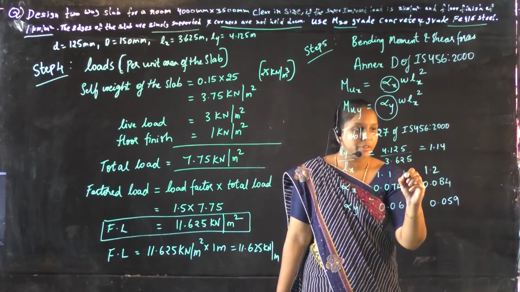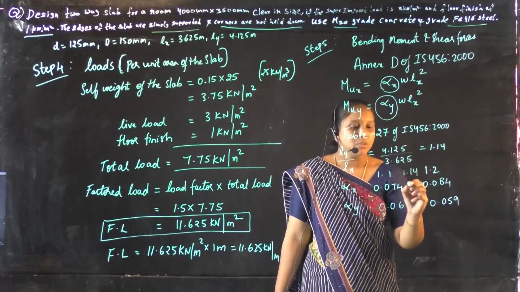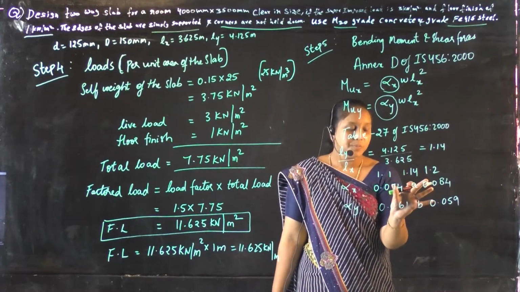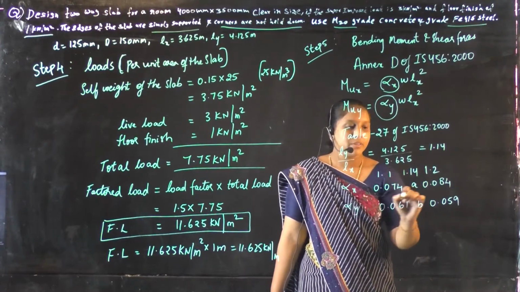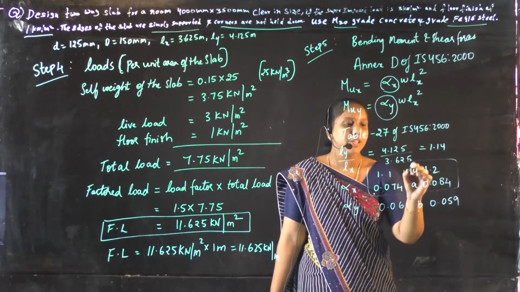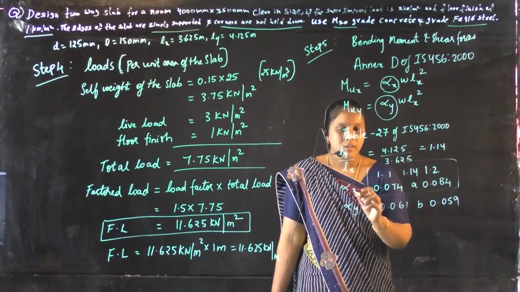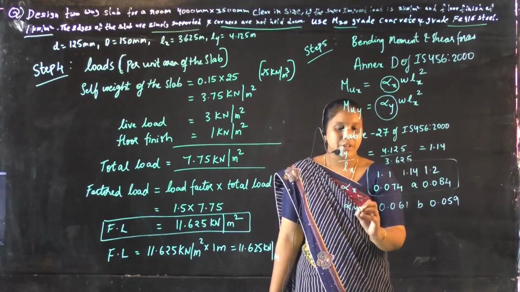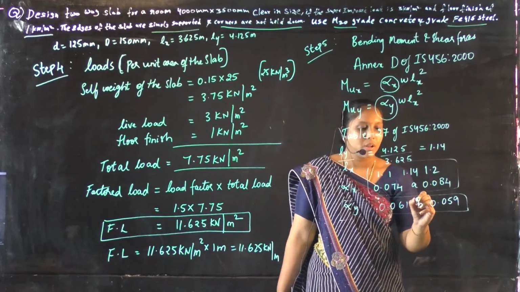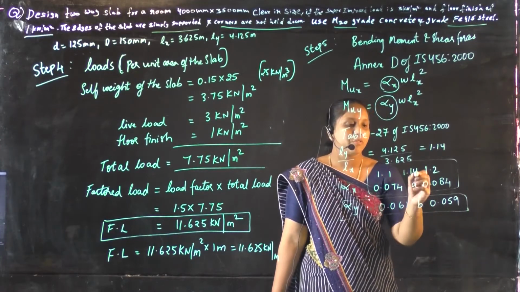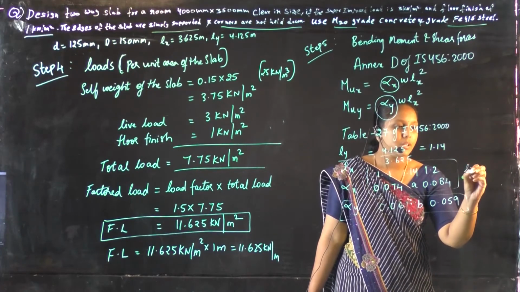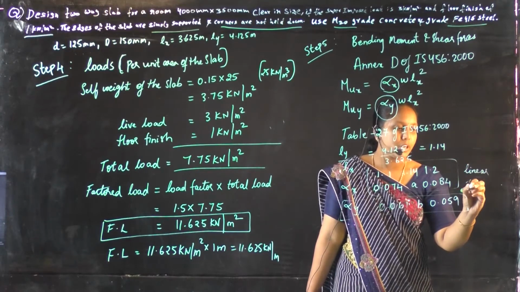Suppose this is 1.14, let this be A and let this be B. We first have to calculate the bending moment coefficient alpha x for 1.14, and next we have to consider the Ly by Lx ratios and calculate B, that is the bending moment coefficient for 1.14, by doing linear interpolation. You know how to do the interpolation.